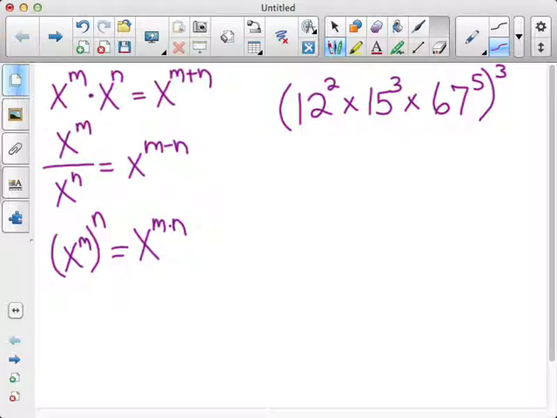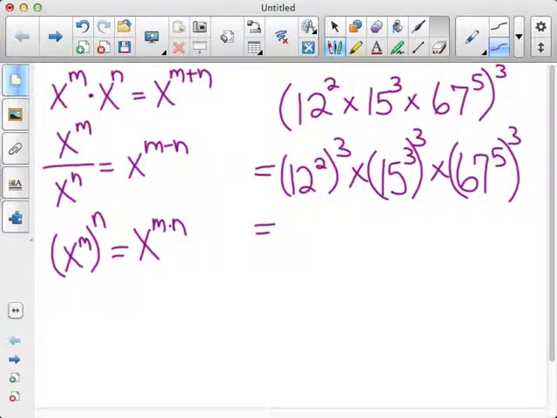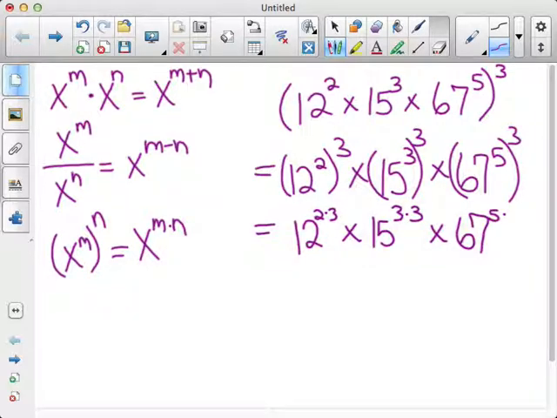So we can rewrite this as 12 squared to the third power times 15 cubed to the third power times 67 to the fifth to the third power. So what you'll end up with is 12 to the 2 times 3, 15 to the 3 times 3, times 67 to the 5 times 3.